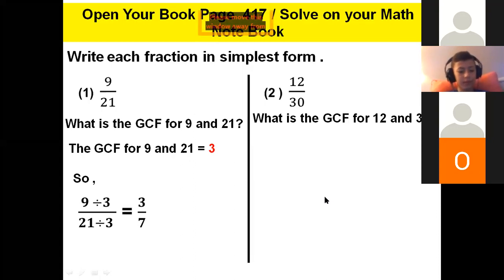What are the factors of 12? Tell me. 3 and 4. Yes.